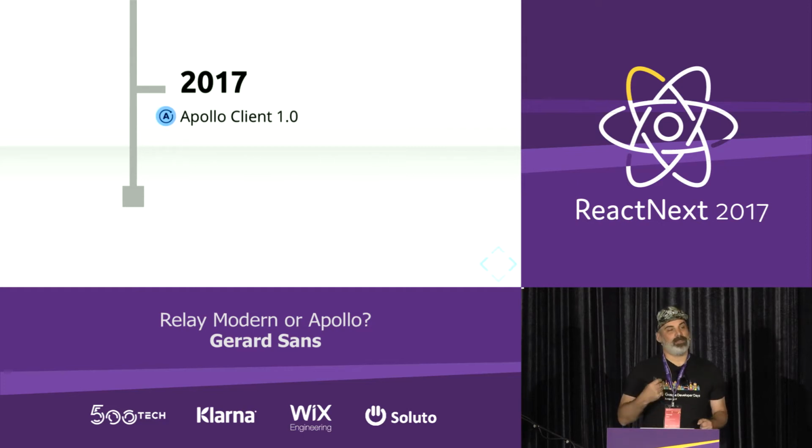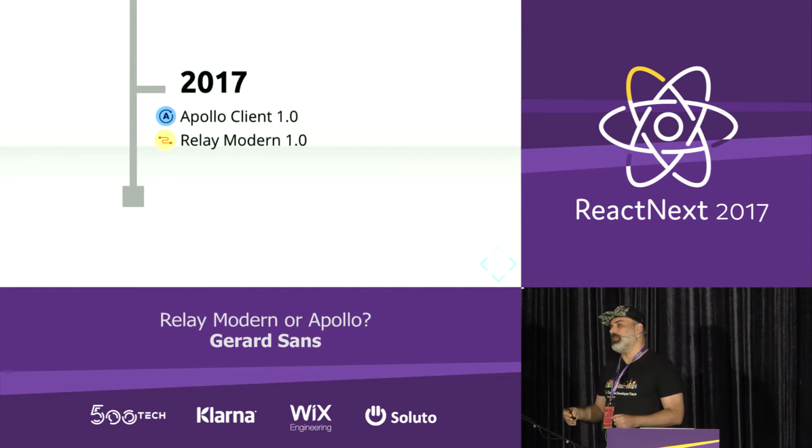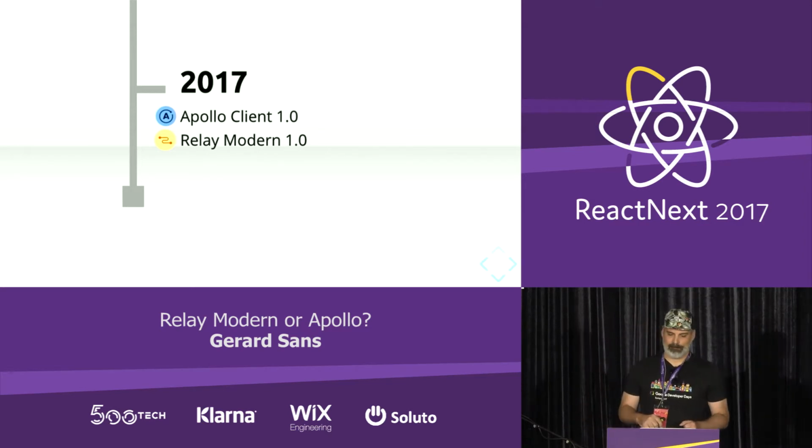We get the first Apollo client release, which is now more stable and covers a lot of the use cases that we are interested in, like subscriptions and other interesting bits. And then just recently, we also got Relay Modern version 1. So this is a little bit of covering the whole timeline for GraphQL.